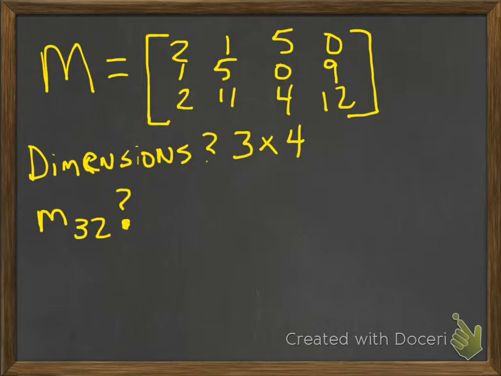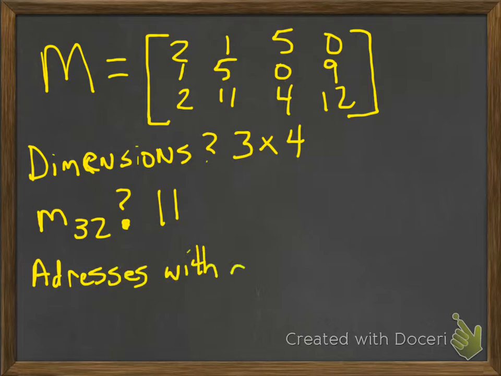All right. What's the value at M32? It's 11. And yes, I realize I misspelled this, but oh well. The address, this is with a value of 5. Nobody in second period corrected me when I wrote this originally.